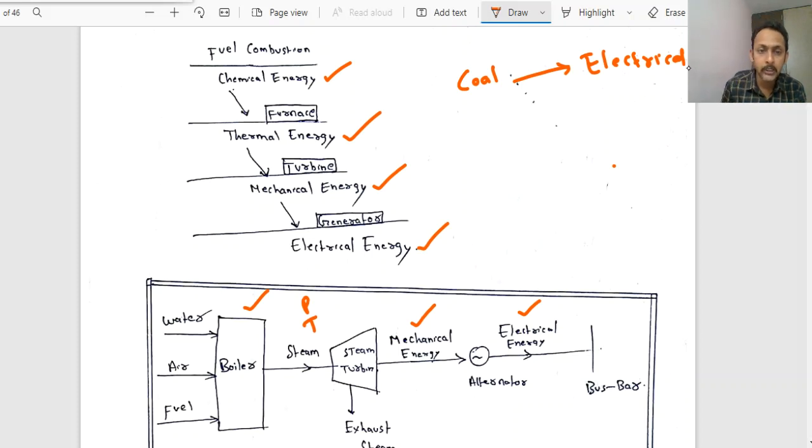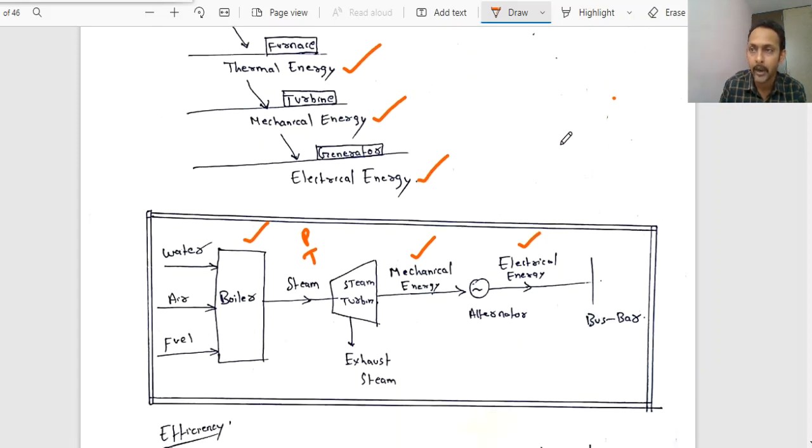Now, dear students, in order to achieve this target, we have to use a boiler, where the inputs are water, air and fuel. The fuel will be burnt in the presence of air; some amount of air is required in order to burn the fuel completely. With the help of that heat energy, the water fed to the boiler will be converted into steam.